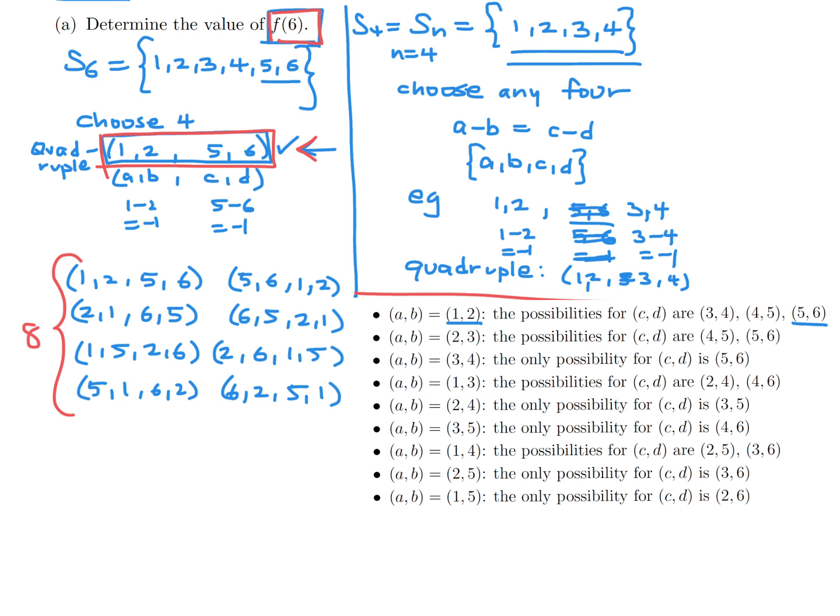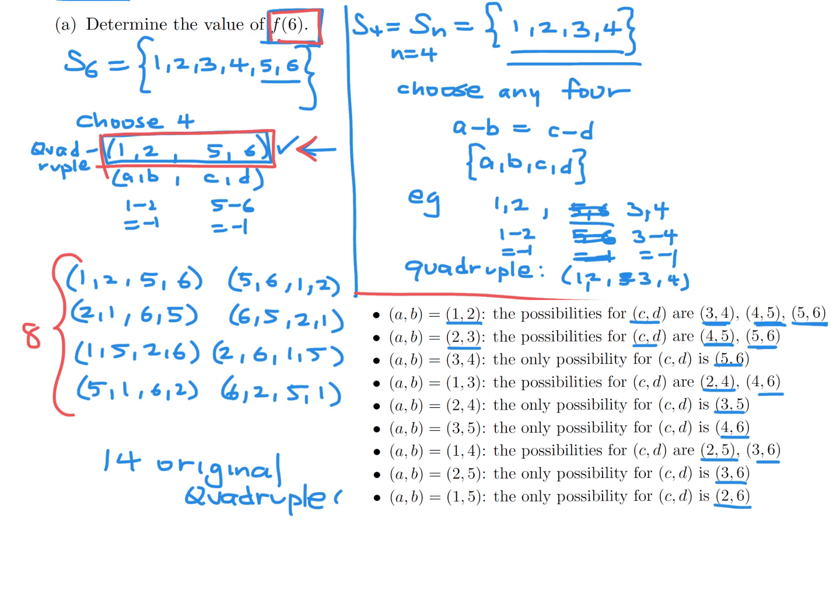If you have A and B as 1, 2, you could also choose C and D to be 3, 4, or 4, 5, or 5, 6. If you chose A and B to be 2, 3, C and D could be 4, 5 or 5, 6. So if you add these up, 1, 2, 3, 4, 5, 6, 7, 8, 9, 10, 11, 12, 13, 14. So you'd have 14 original quadruples.